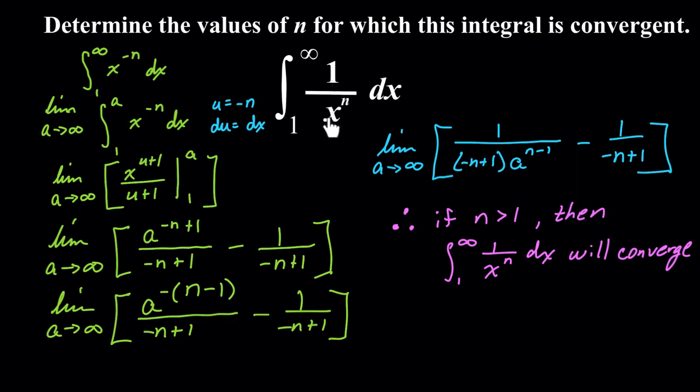If you have 1 over x to the 1/2 power, that is a number that is less than 1, which means 1 over x to the 1/2 power would diverge. That integral will only converge if n is greater than 1.